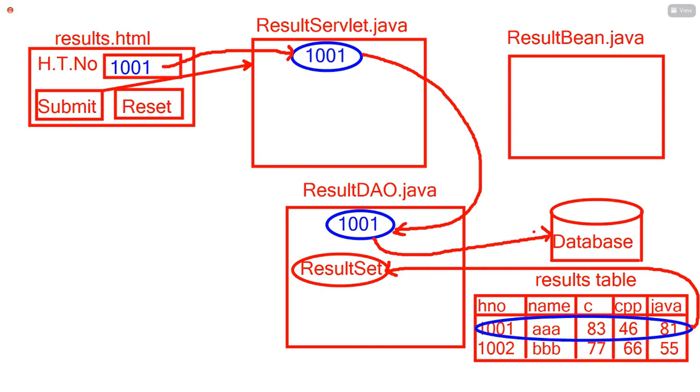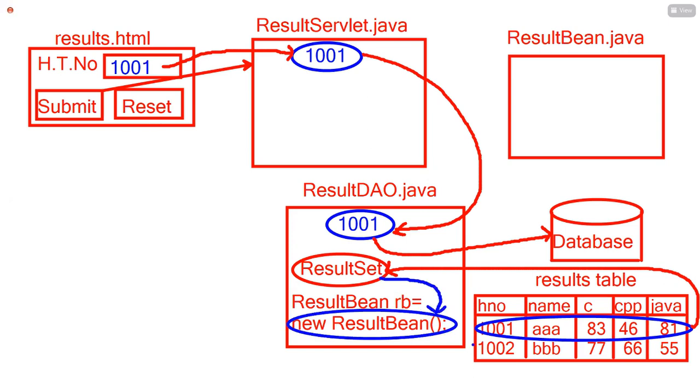The result set data I'll store in this class. So I'll create a ResultBean object: ResultBean rb equal to new ResultBean. Now in this object I'll place the data. Whatever we received, I'll place here.